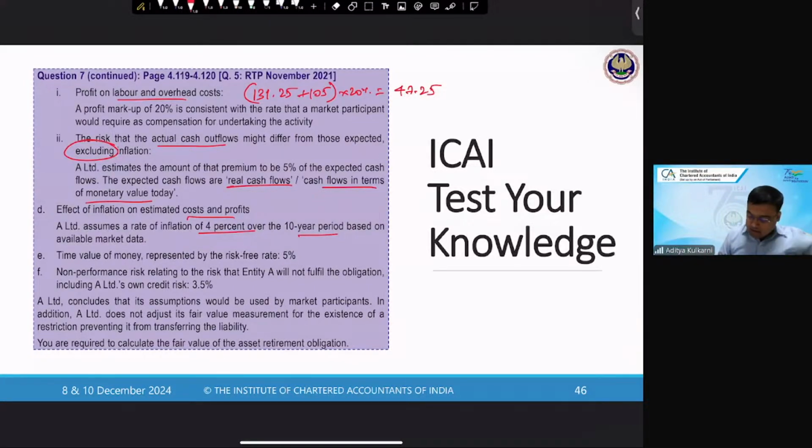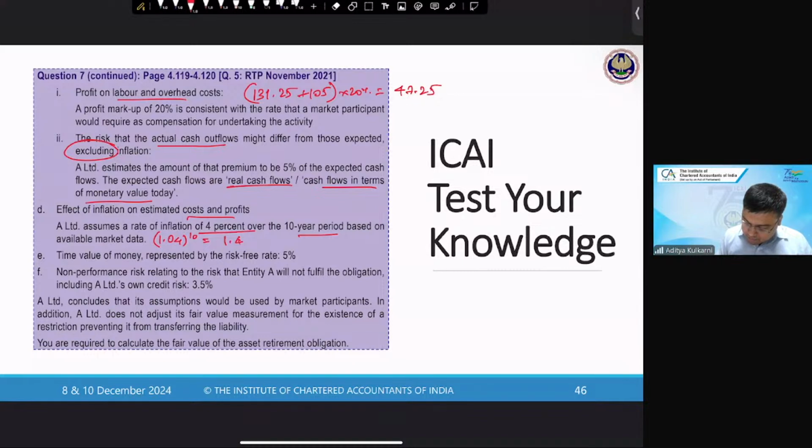So they are assuming an inflation rate of 4%, and we have to apply it for 10 years. Are you able to understand? Yes, sir. So that comes to 1.04 raised to 10.